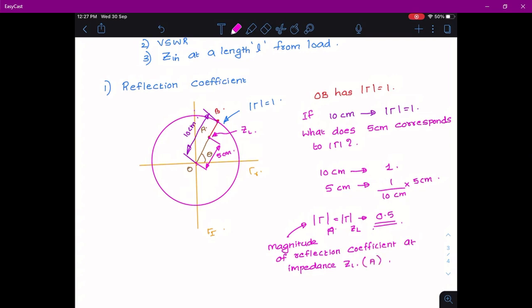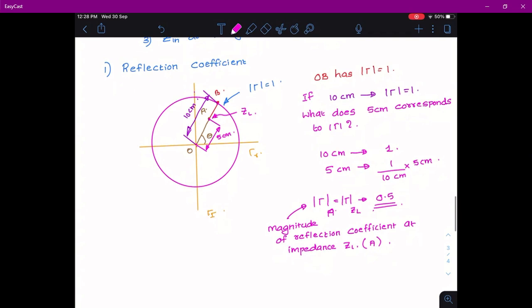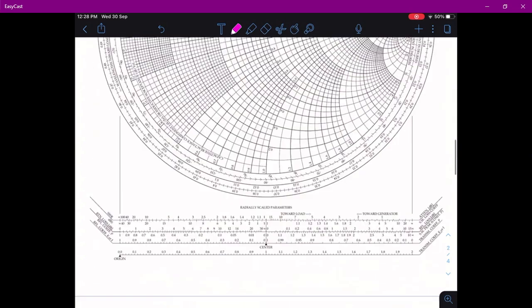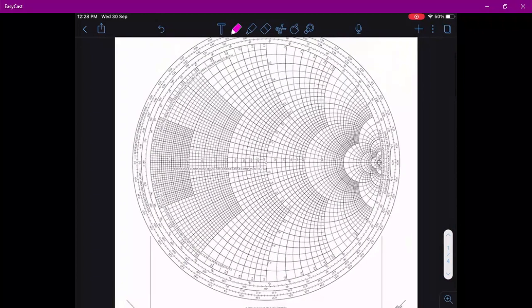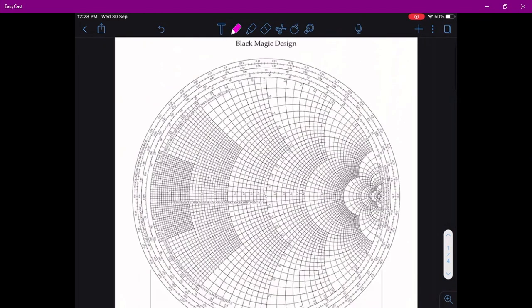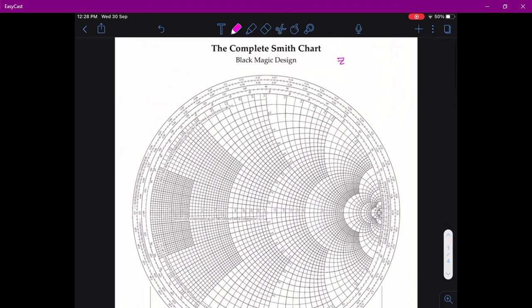So this only gives you magnitude, but your reflection coefficient is complex, so you can always get a phase term also. Okay, fine. So let me go back to this figure of Smith chart. So let's take ZL bar is equal to 1 plus 1j.